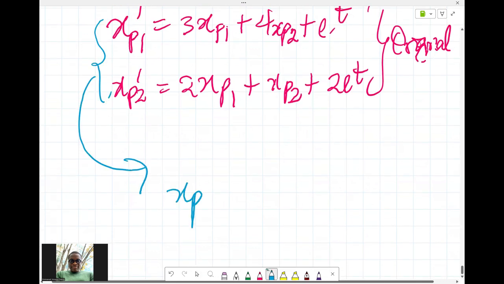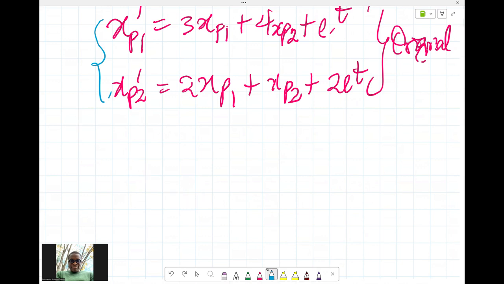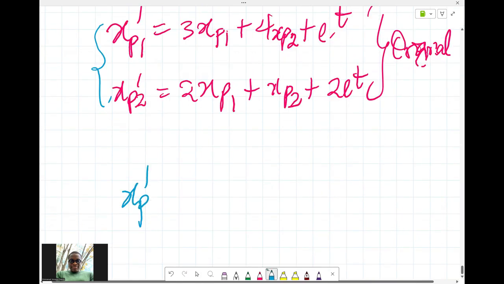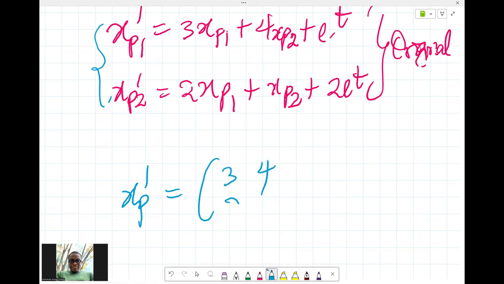So in summary, this is like xp of t. xp prime is equal to the whole system 3, 4, 2, 1.